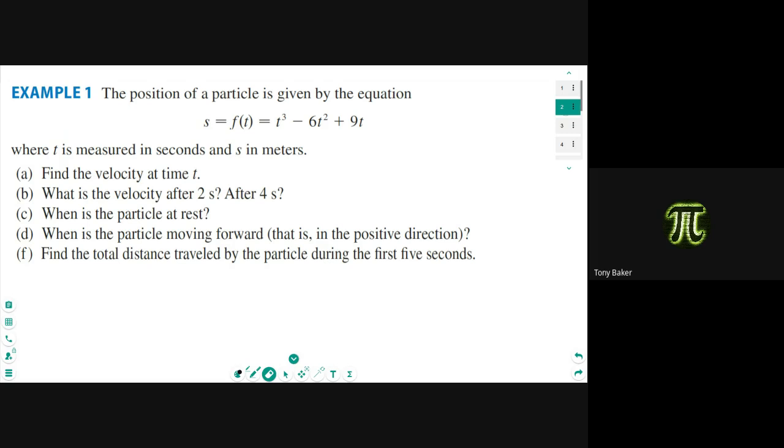The miles per hour in your car is a derivative because it's a slope. It's miles per hour, so by definition that makes it a derivative of where you physically are. So your position is actually the equation. Your velocity or your speed would be the derivative of your position. And then your acceleration is the derivative of that, so the second derivative.